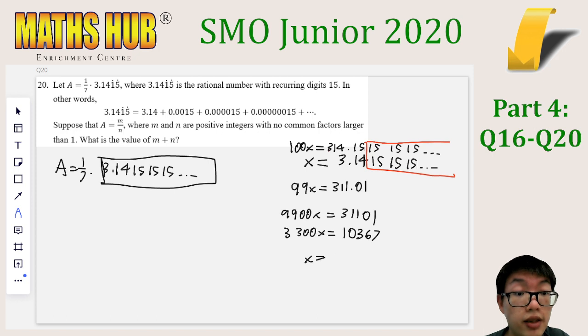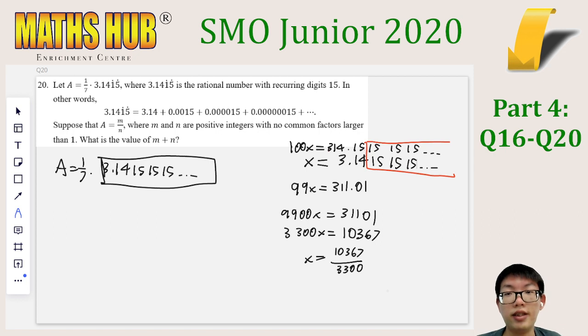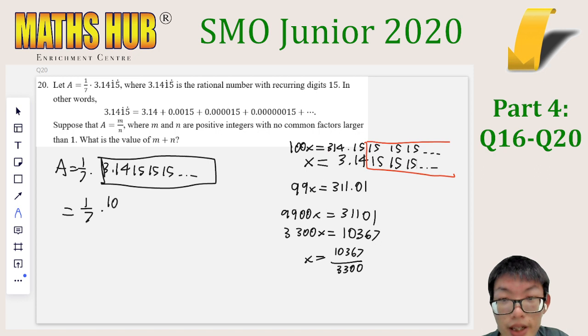So x is 10367 over 3300. Now the question, slightly annoyingly, has also included a 1 over 7 over there, possibly to further confuse a student to think it has something to do with pi. But it doesn't really have anything to do with pi, we just need to put this back in and multiply it by 1 over 7.